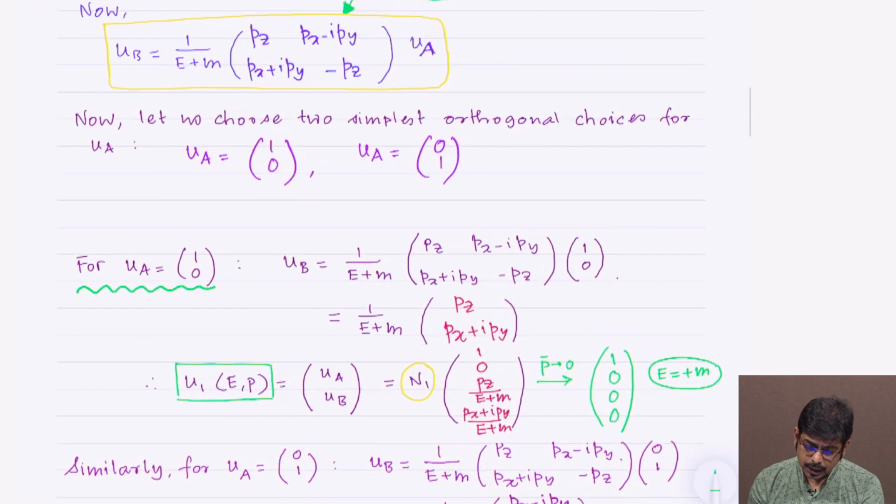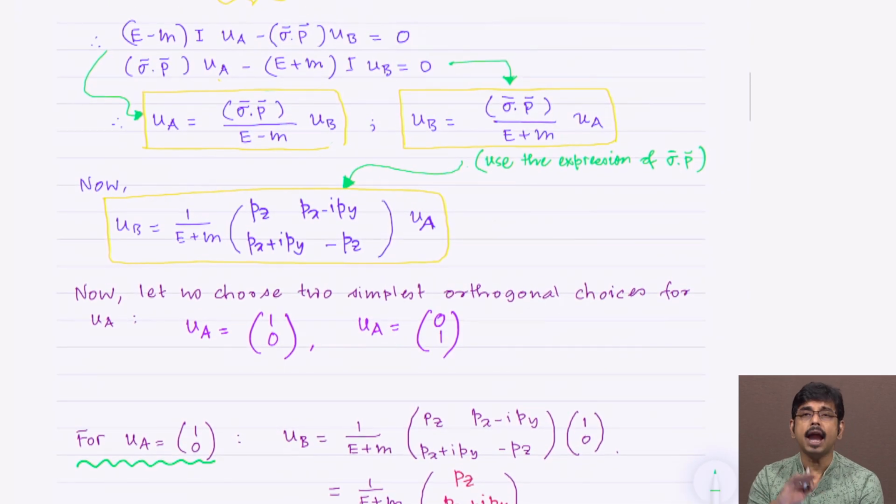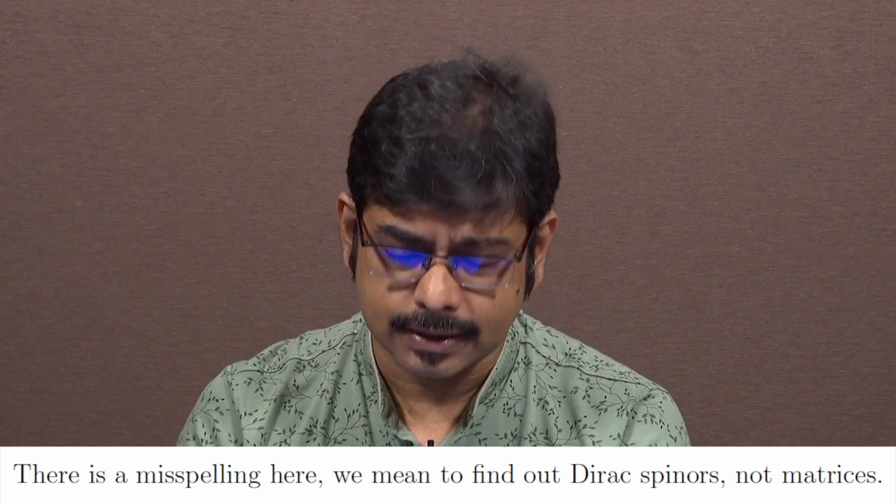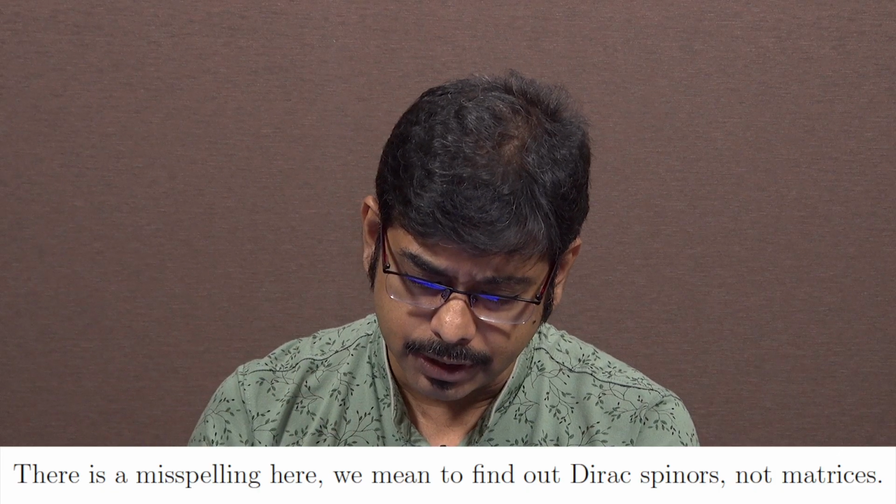Now, we had 2 possible orthogonal solutions for u a, and for that we found the corresponding u b, and the corresponding Dirac solutions which solve the Dirac equation. The question is, what are the other 2 solutions? We also know that we can express u a in terms of u b.